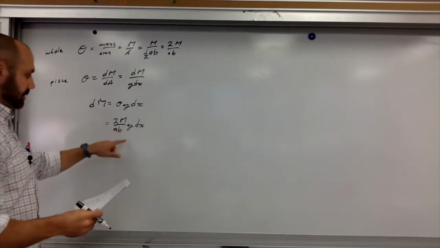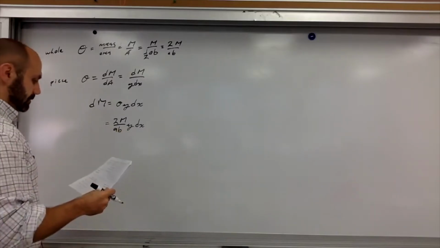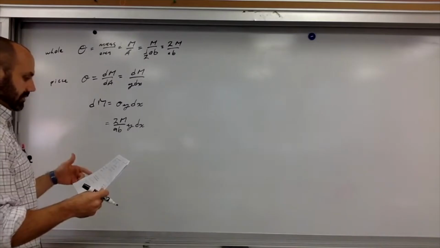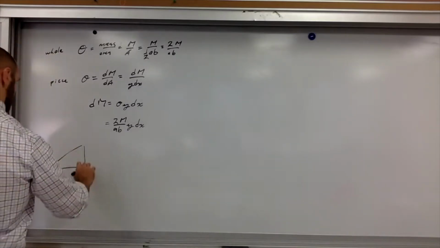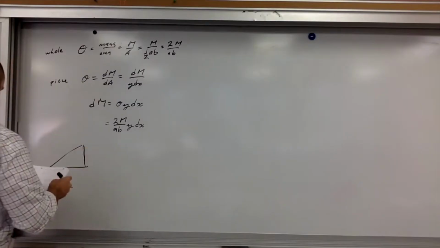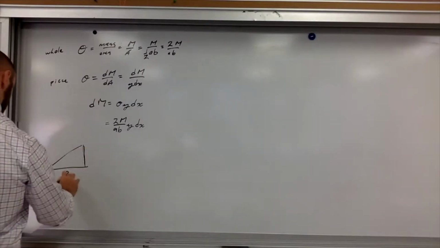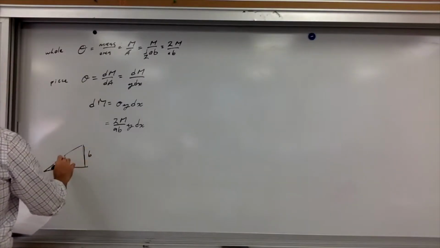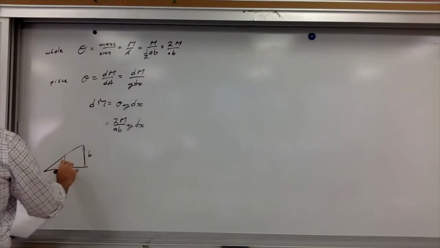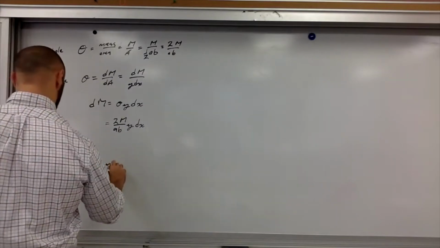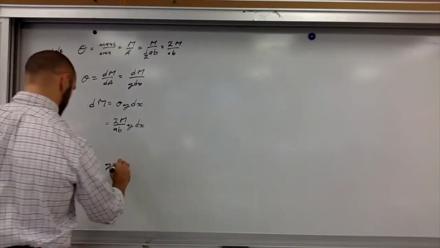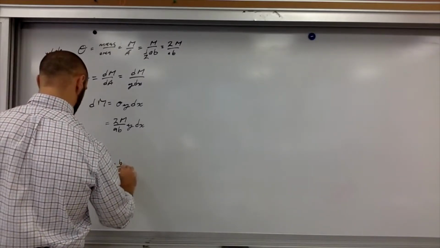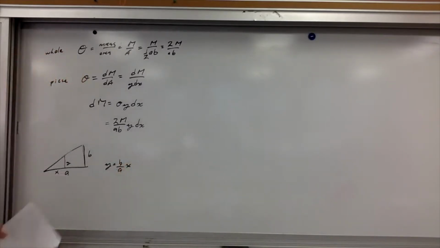All right. Y is a function of x, though. It's linear, right? And so we can find y in terms of x, and we can use similar triangles, right? For any triangle here, this is A and this is B, and that's proportional to x and y. So y over x is equal to b over a, so y is b over a times x, right?